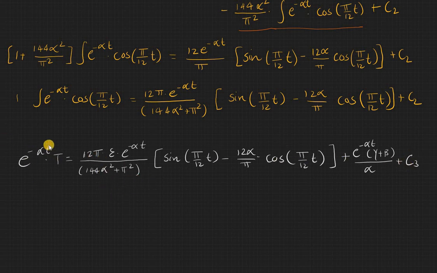So we can divide both sides by e to the power minus alpha t, so we can just cancel those out like this, and we can add here e to the power alpha t, right? So our final solution would be like this.